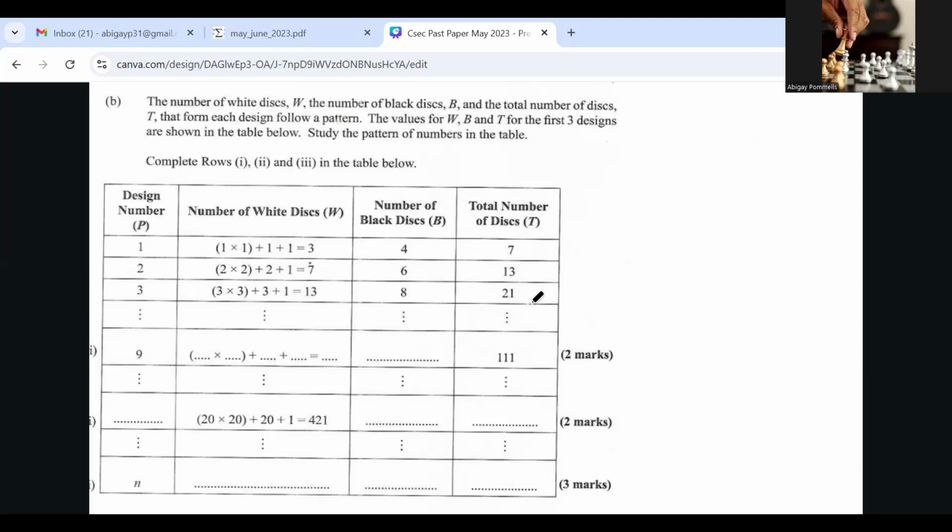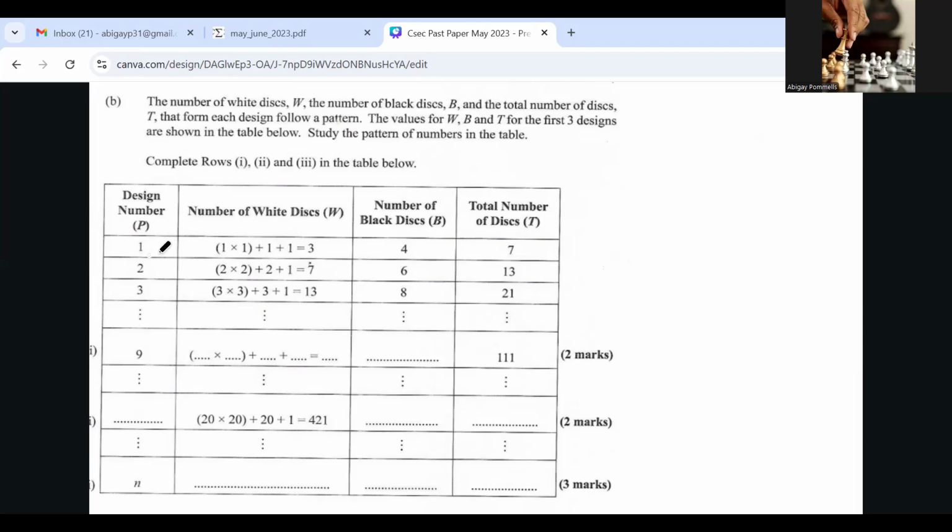The values for W, B, and T for the three designs are shown in the table below. Study the pattern of the numbers in the table and complete row 1, row 2, and row 3. They completed this table for you, so you can observe the pattern.